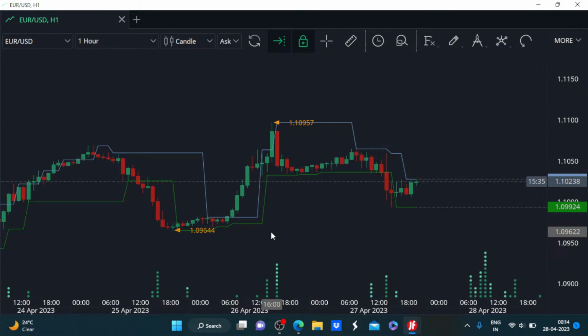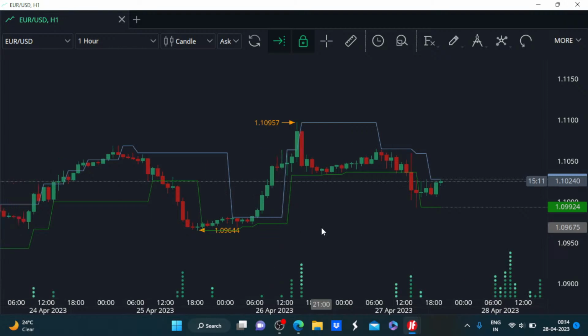The fractal formation takes shape when we have a cluster of five candles, or you can even increase the cluster of candles. It starts with a combination of five candles in which you have lower highs on both sides of a high.